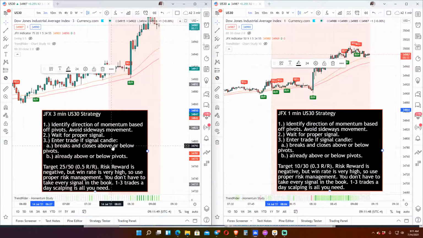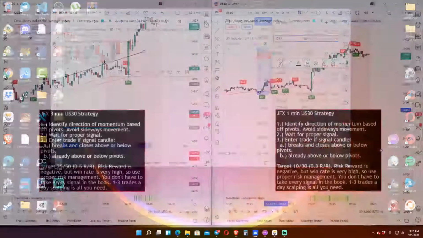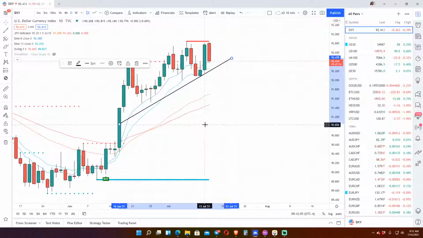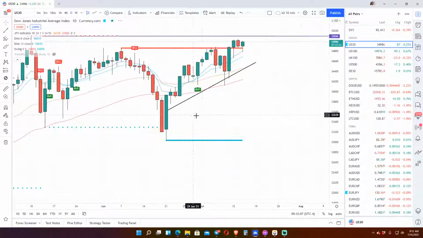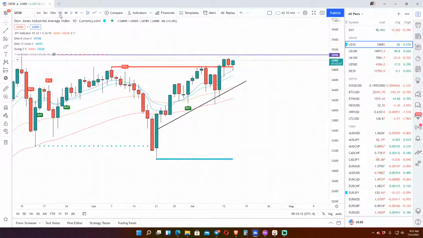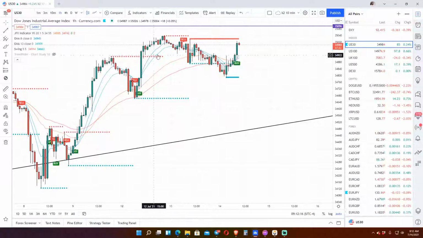Before I even, well, I scalp on the 3 minute, and I also scalp on the 1 minute when it comes to US 30. But what I like to do first, before I even look at those time frames, is check out the daily on US 30 to see where the current price is heading, and then I also check out the 1 hour. I just look at the way the lines are moving here.